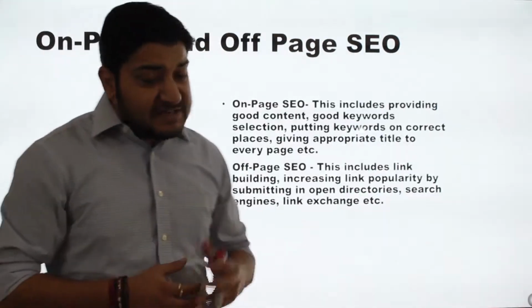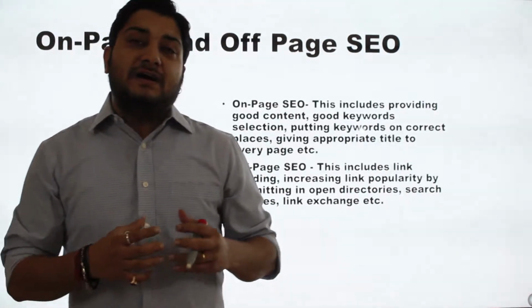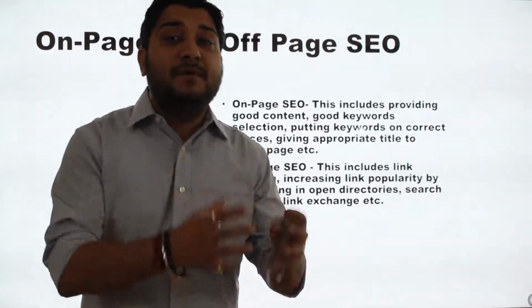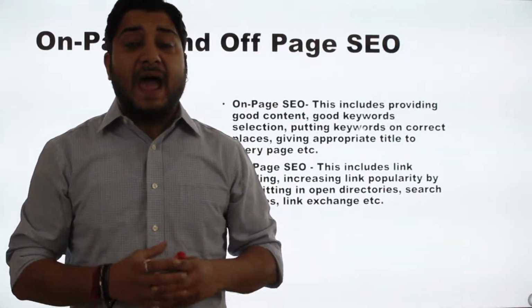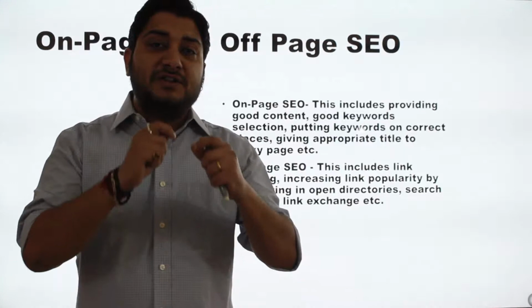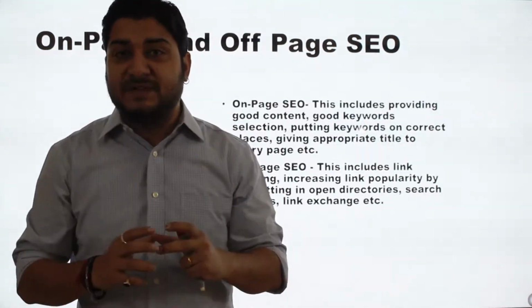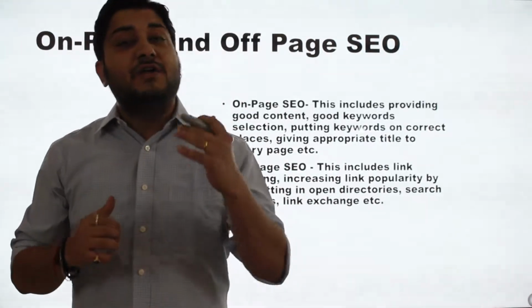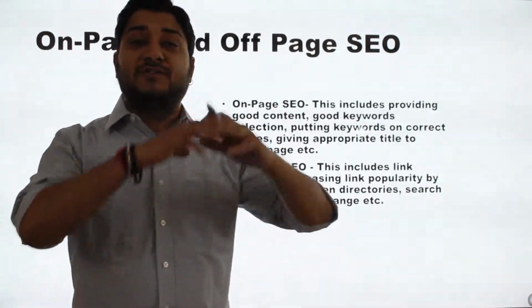So, on-page SEO is a method that you use in order to have a good presence on a search engine. In this method, you are just working on your own website. For example, you're working on your content, on the keywords, and on how the structure would look.